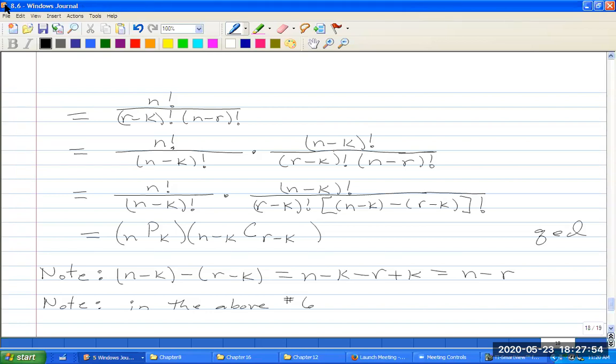But this n factorial over n minus k factorial is nPk, and this n minus k factorial over r minus k factorial times n minus k quantity minus r minus k quantity factorial is just n minus k Cr minus k.